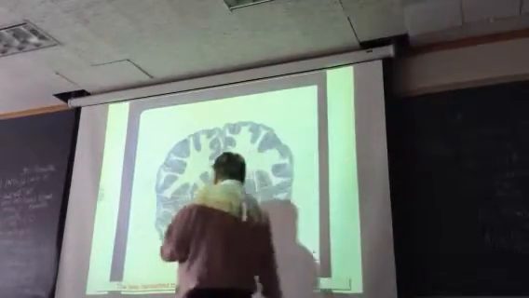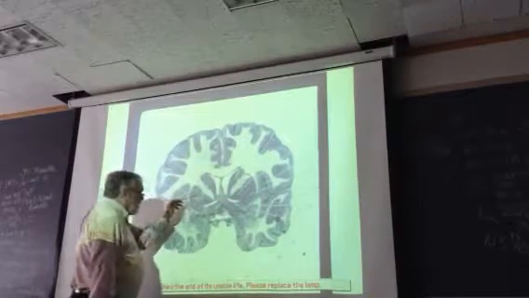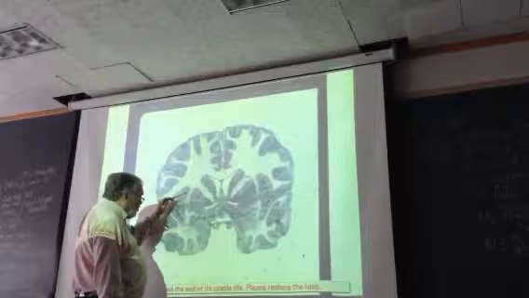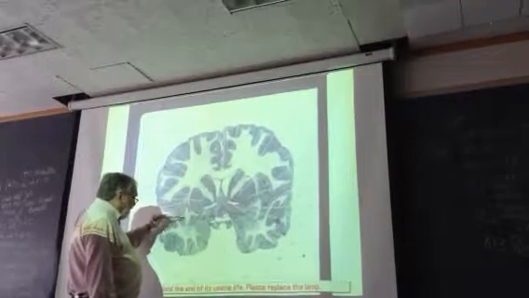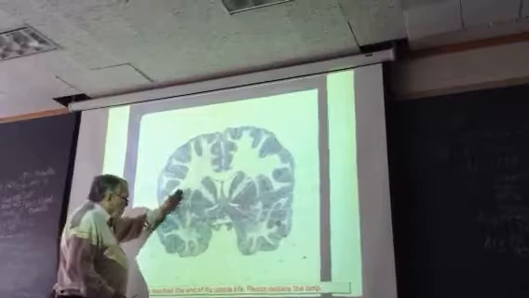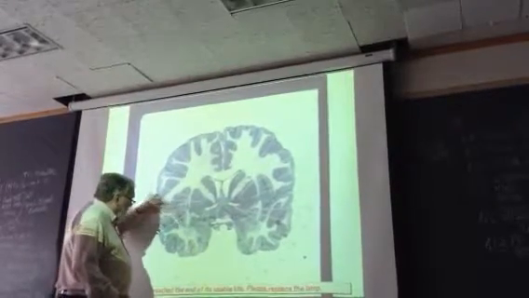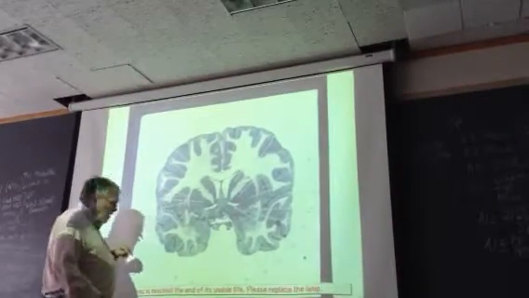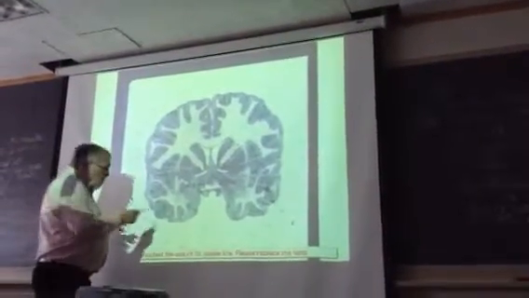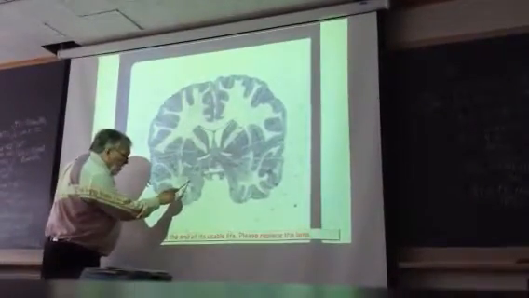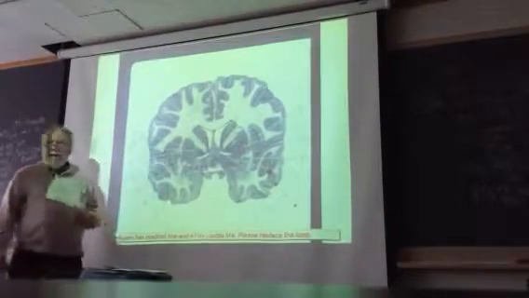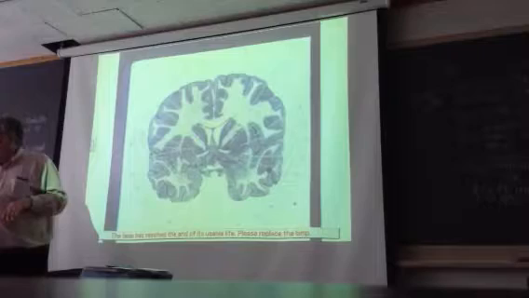Okay? So again, you have the globus pallidus and putamen, external capsule, claustrum, extreme capsule, and then you can see the larger insula coming in off that forked tongue of the lateral sulcus. What nucleus do we have emerging here deep in the parahippocampal gyrus?